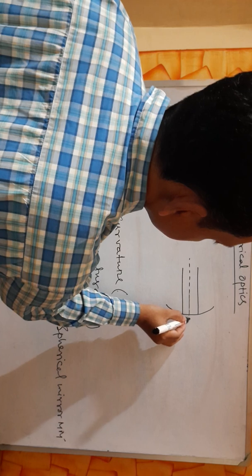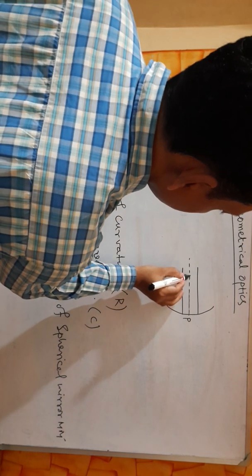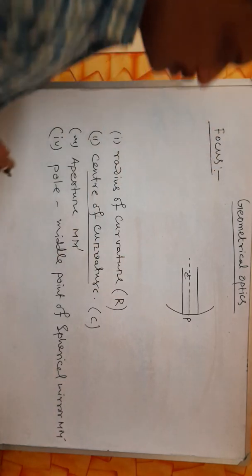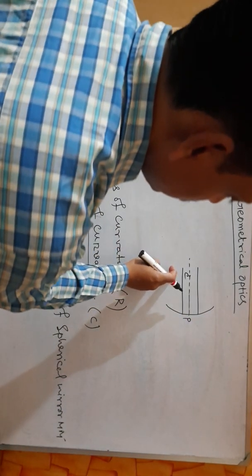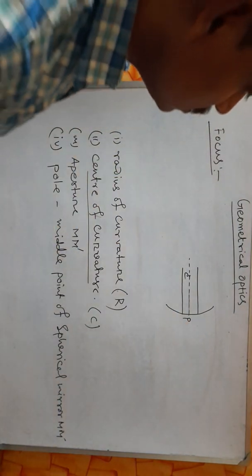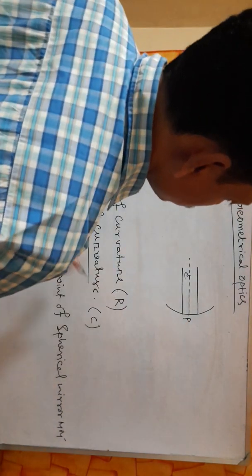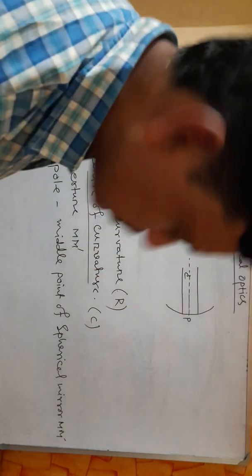The line joining the center of curvature and the pole is called the principal axis. This is the principal axis.